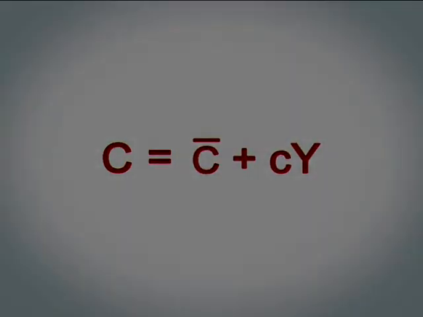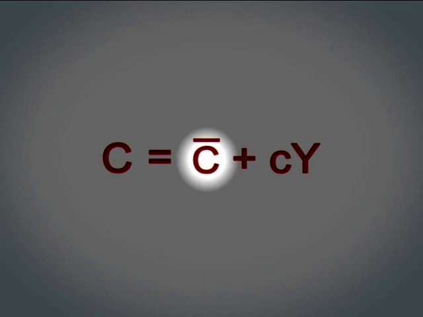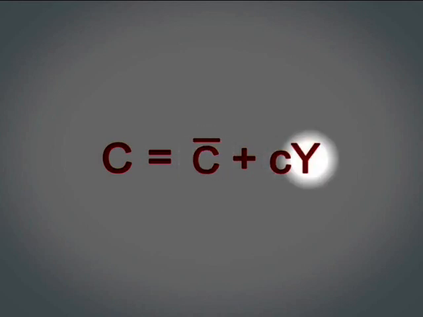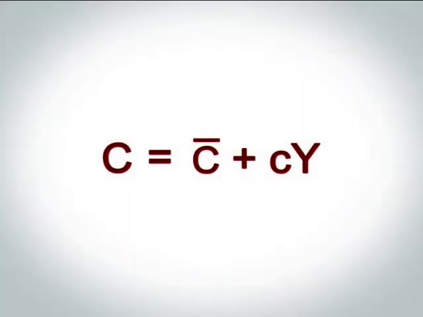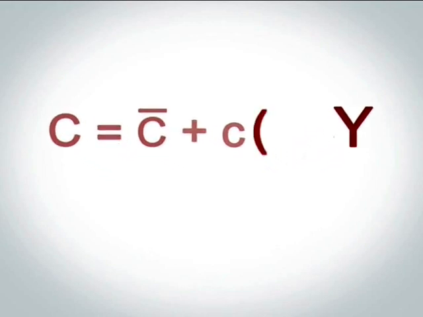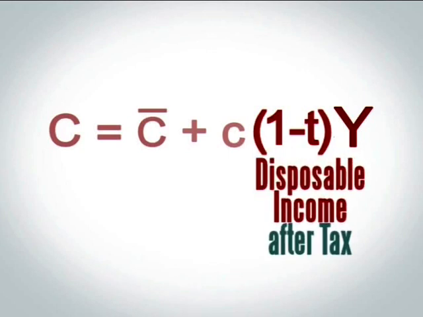Okay, looking back at our consumption function, consumption spending equals autonomous consumption, C bar, plus our marginal propensity to consume times our income, C times Y. Tax reduces our income. So in our equation, income Y becomes brackets 1 minus T close brackets, representing tax, times Y. 1 minus T times Y is our income after tax, or our disposable income.